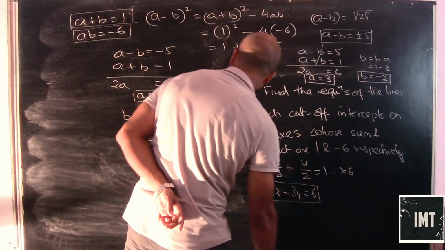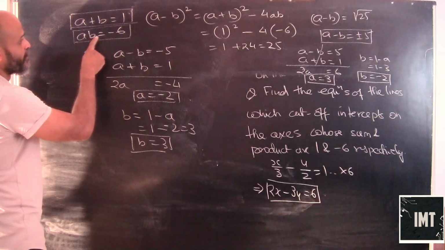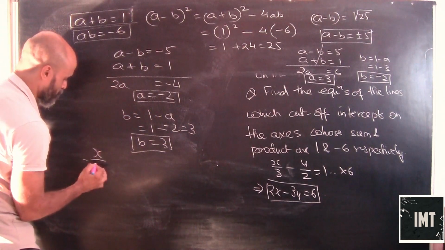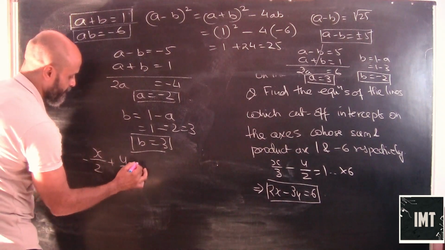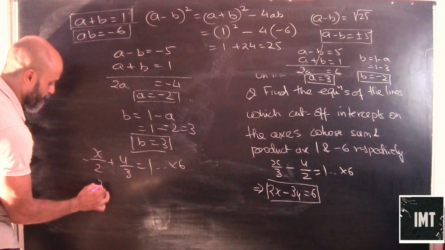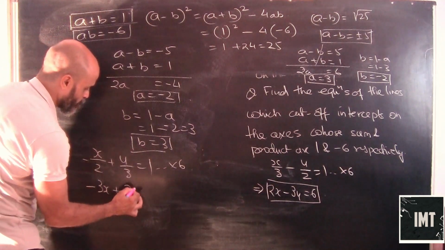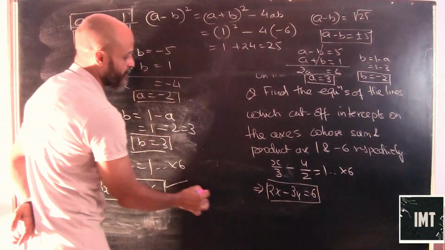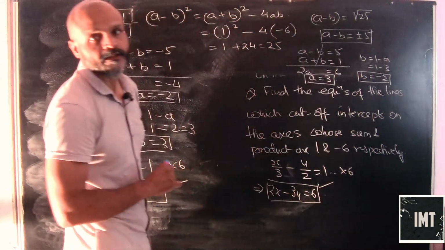This will be one equation. Okay, in the other one we have x by a, that is minus 2, plus y by 3 is equal to 1. Again get this multiplied by 6. So this will be minus 3x plus 2y is equal to 6. So here are the two equations which we can get out of this problem.